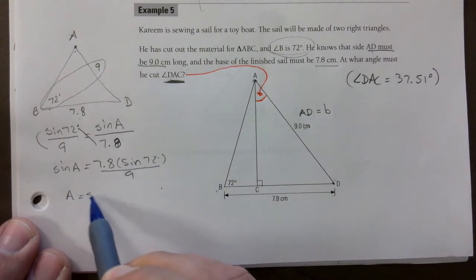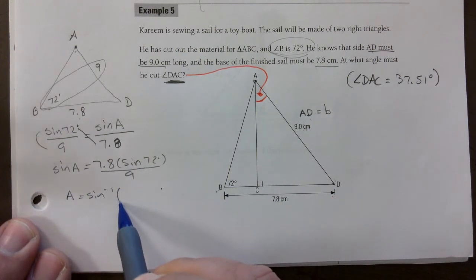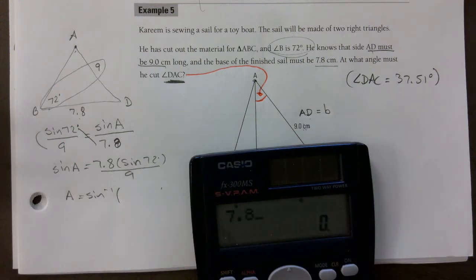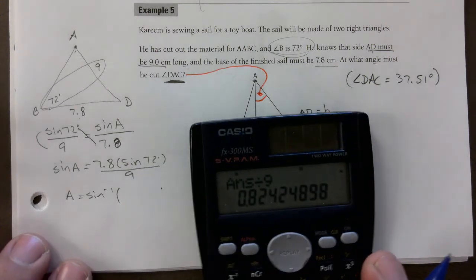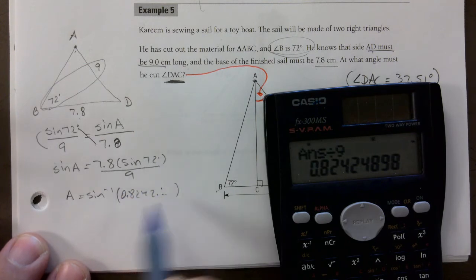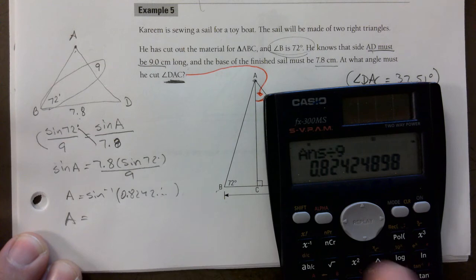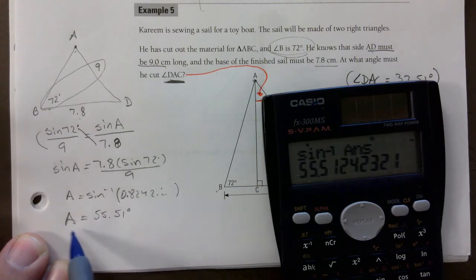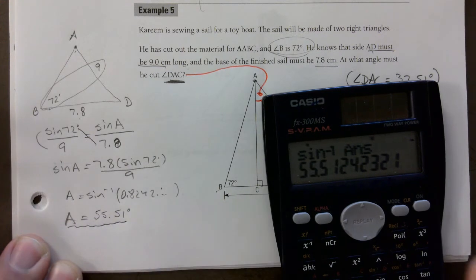Angle A is going to be sine inverse of that divided by 9. I'm going to write that down: 0.8242, and that keeps going. And then I'm going to take the inverse of that, and that's 55.51 degrees. That's important to me.